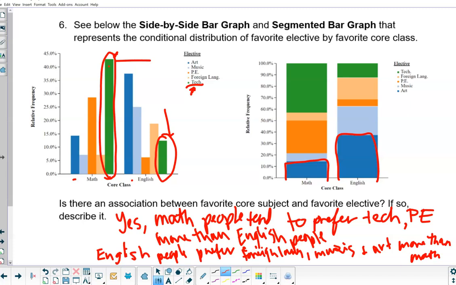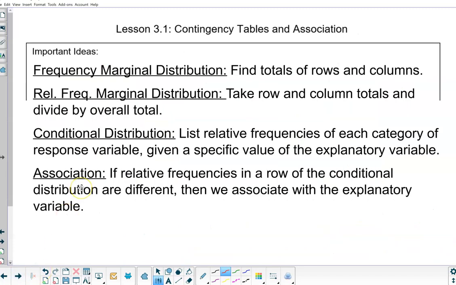So now we're going to go to just some key vocabulary. So we just went through all of these types of distributions. So I'll let you write these down, and you can pause the video here to write them down. I'm just going to talk a little bit about them. The frequency is just finding the totals. Relative frequency is finding the totals divided by the overall total. Conditional is, again, you can do it by the row or by the column.